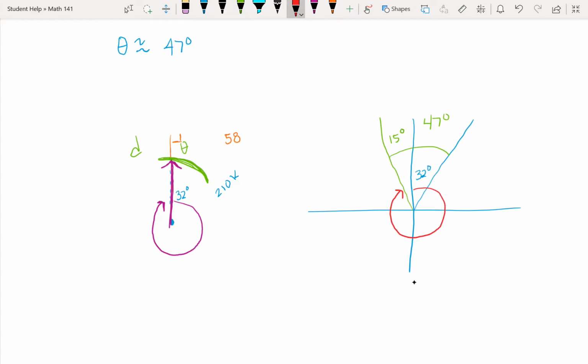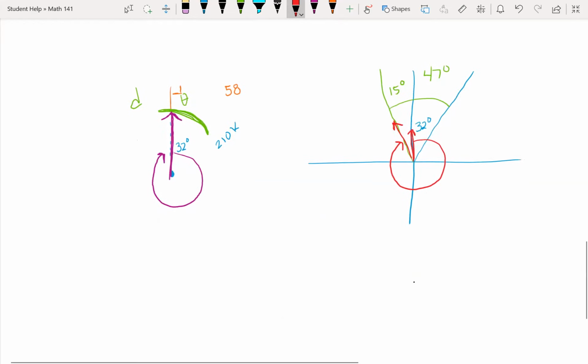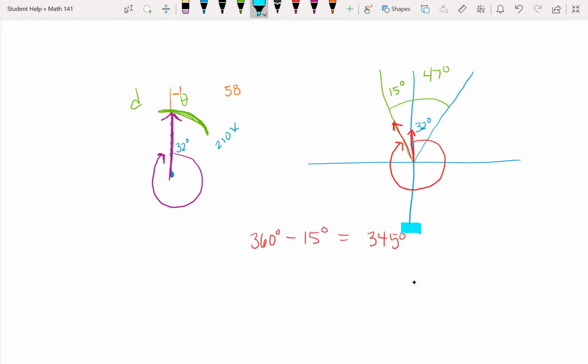So the direction for this particular case from where we started, which was here, and ending up here is going to be 360 minus 15 degrees, or 345 degrees from the original starting point. So 345 degrees is the direction that the plane ended up from its original starting point.